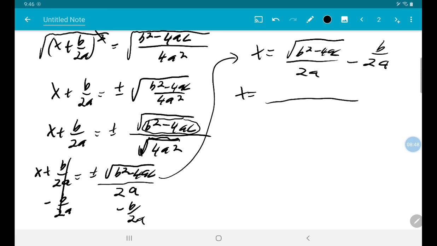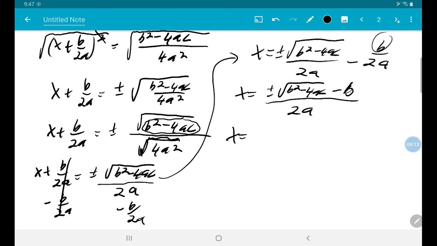So we go ahead and put it over a common denominator, 2a, and I get, oops, there was a plus or minus here. So I get the plus or minus, positive or negative, square root of b squared minus 4ac, and then minus this numerator, b. So to finish this up, all I have to do is, again, use my commutative property.